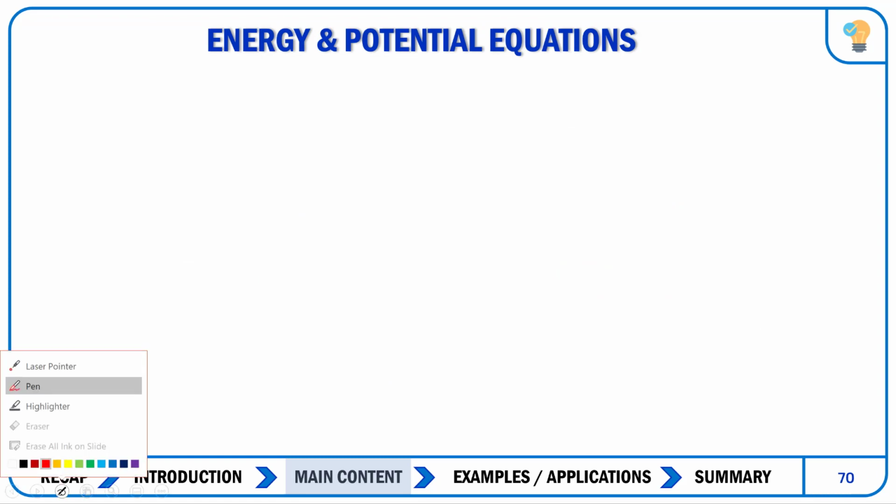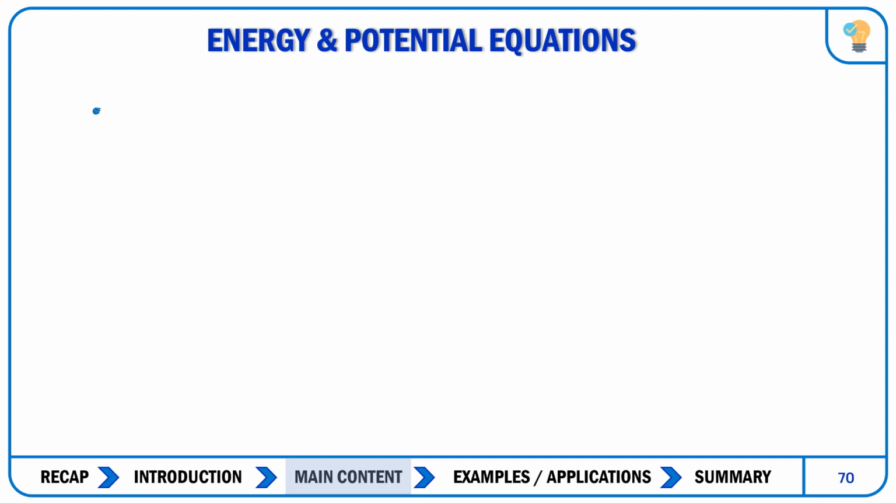Next, we take a look at energy and potential equations. So we've kind of briefly talked about this through our studies of weak interactions. So let's take another look at this. We have an elementary charge separated by a distance r from another elementary charge.